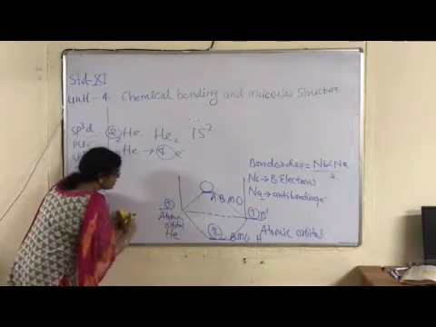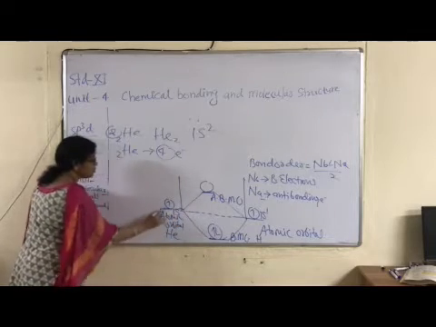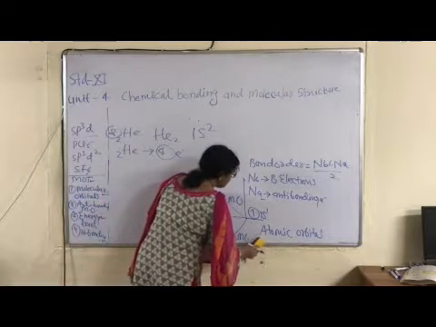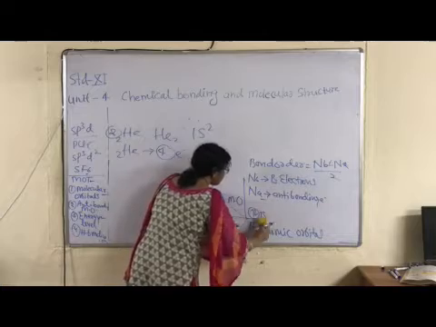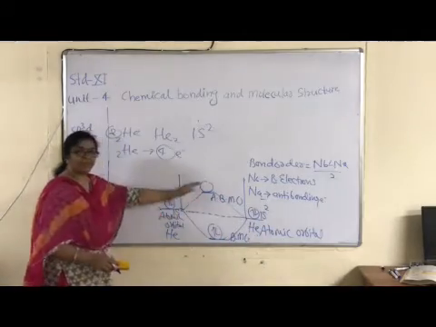What modification is done in this energy level diagram? 1s2 paired electrons, and the second helium, the same type of atom, also has paired electrons, like this.